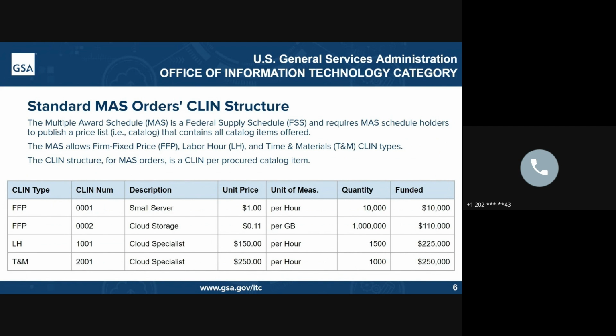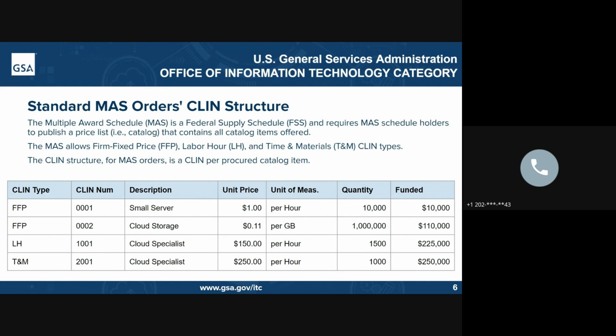for that particular catalog item. Now, if we look at the diagram here at the bottom, I presented four CLIN types. The first two are firm fixed price, the third labor hour, and the fourth time and material, for examples.